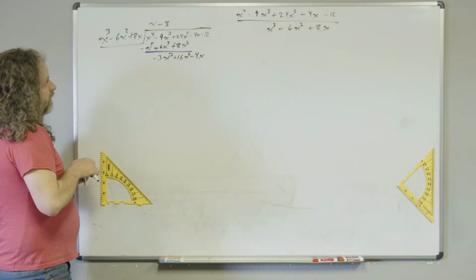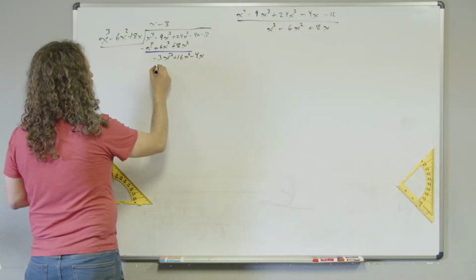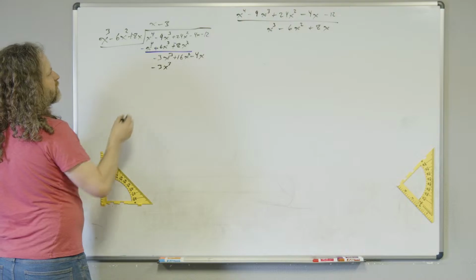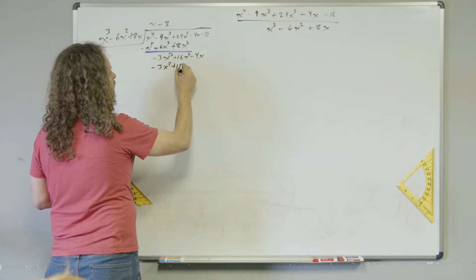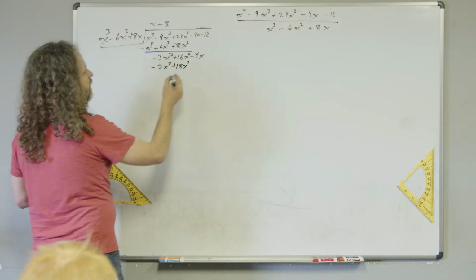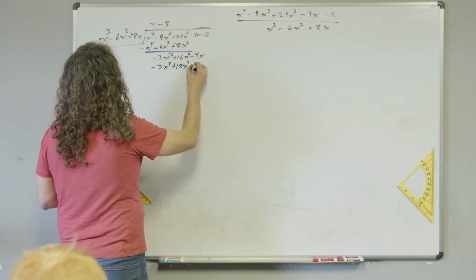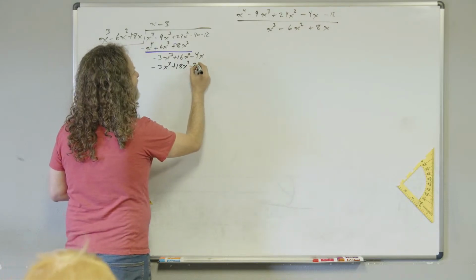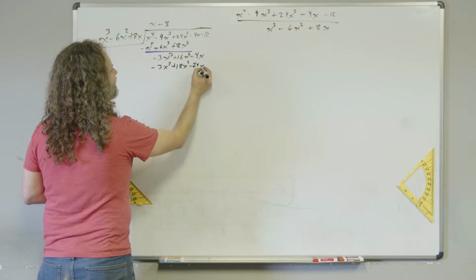Okay. Negative 3 times x cubed is negative 3x cubed. Negative 3 times negative 6x squared is positive 18x squared. Negative 3 times 8x is negative 24x.